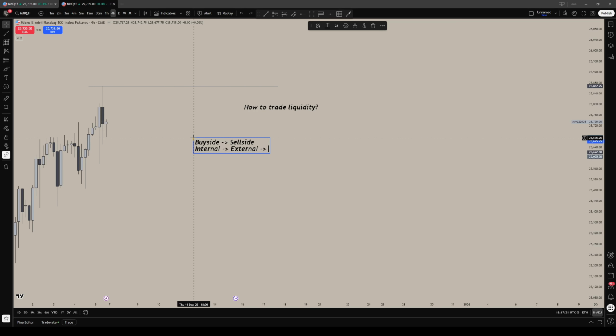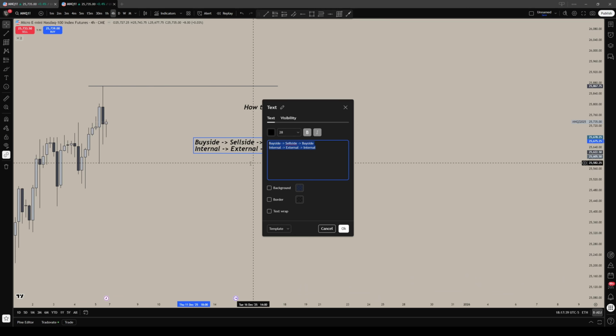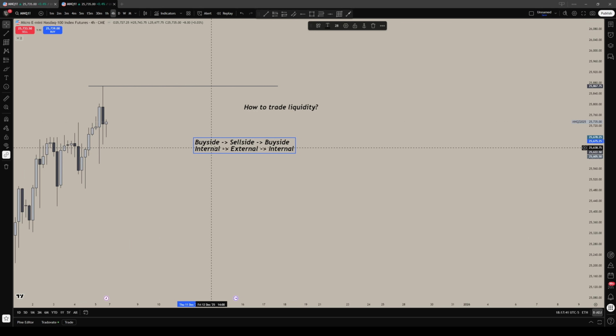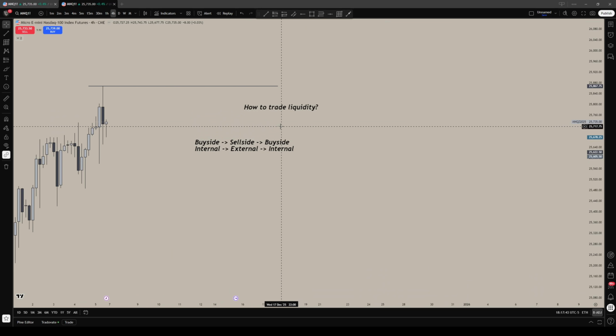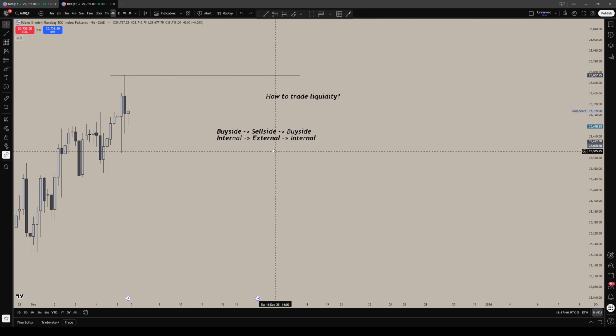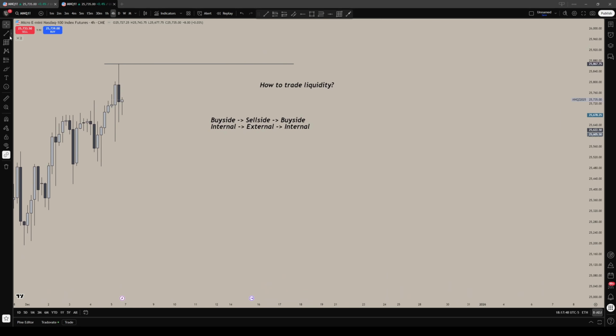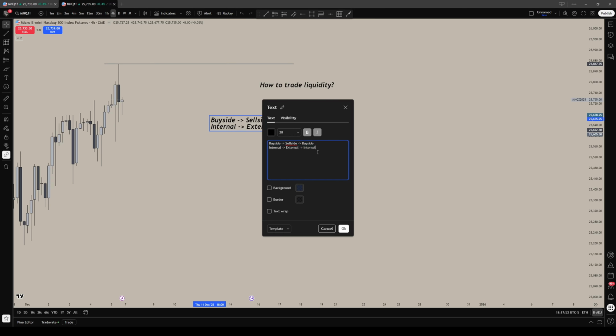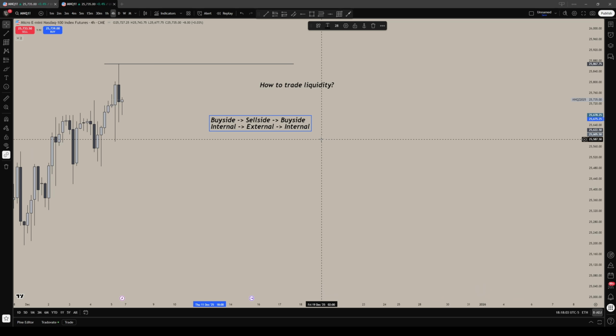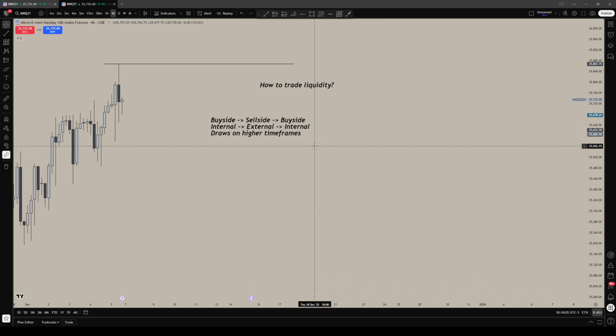So I'll write this internal again, like this, buy side, and it goes from buy side, internal, external, external, internal, and at the end of the day, price goes for draws on higher time frames, and yeah, so that's where price goes. There it goes. So how do you trade it?